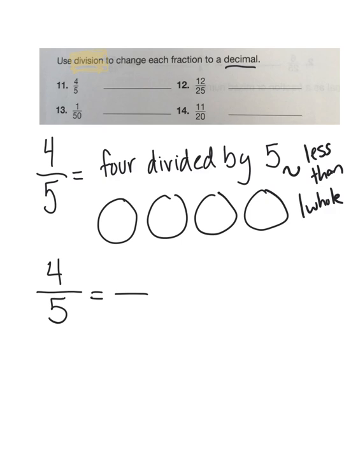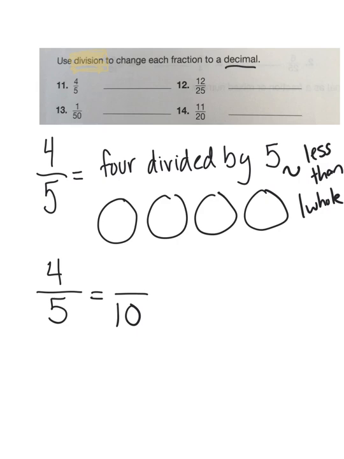The easiest way to turn a fraction into a decimal is to change denominator 5 to a denominator of 10. So I want to convert this 4/5 to an equivalent fraction with a denominator of 10.